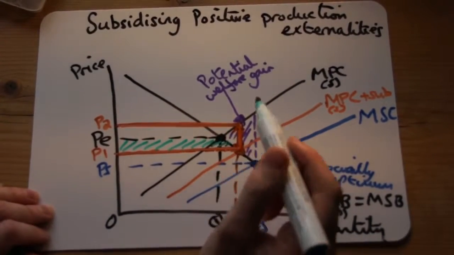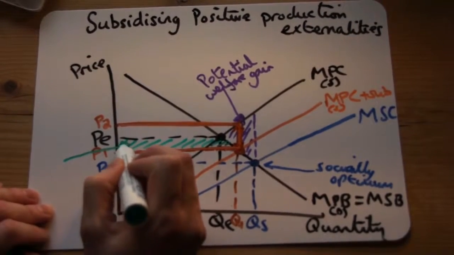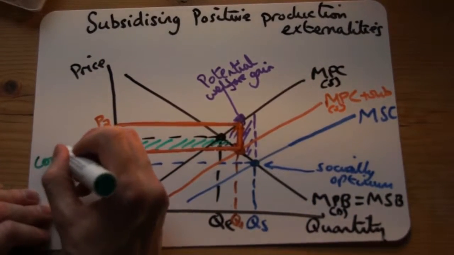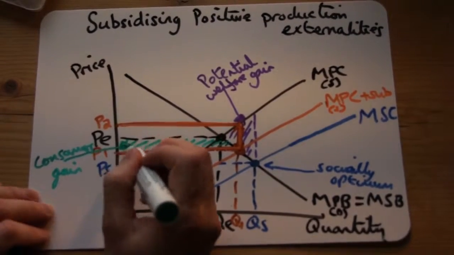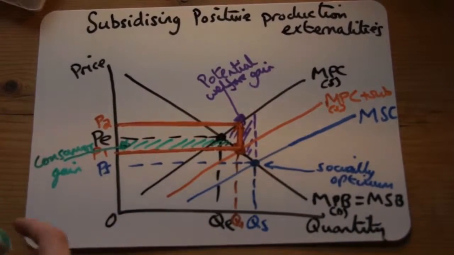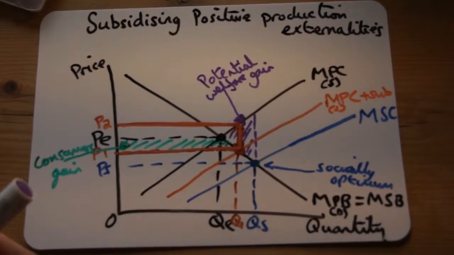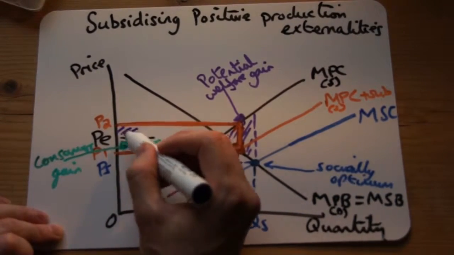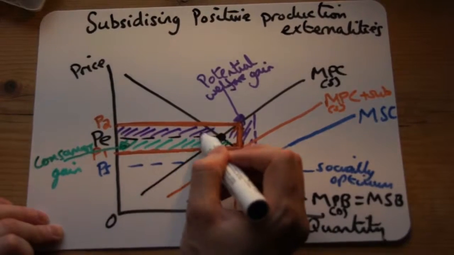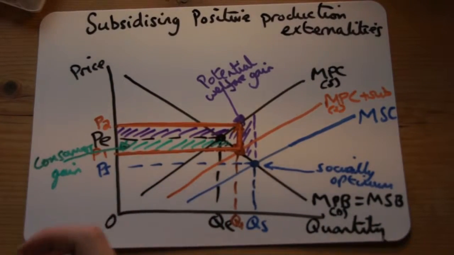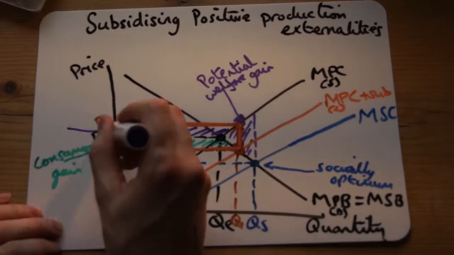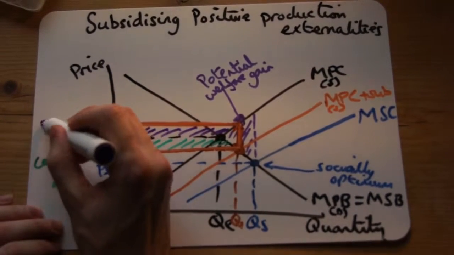That is what the consumers get. So consumers gain the price difference because the price is lower, and the producers get the rest. Simply put, the consumers get the price difference in the subsidy, and the producers get the rest there.